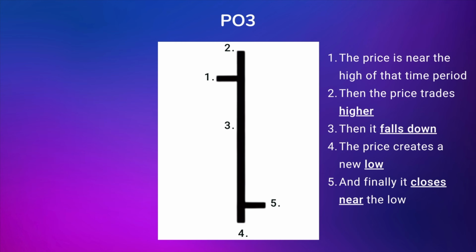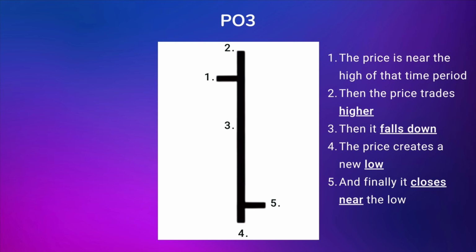From point number one, the price is near the high of that time period, for example, of that day or of that week. Then the price trades higher, and so it forms the high of that time period. Then in point number three, it really falls down big time. And in point number four, the price creates the new low. Finally, in point number five, the price closes near the low.